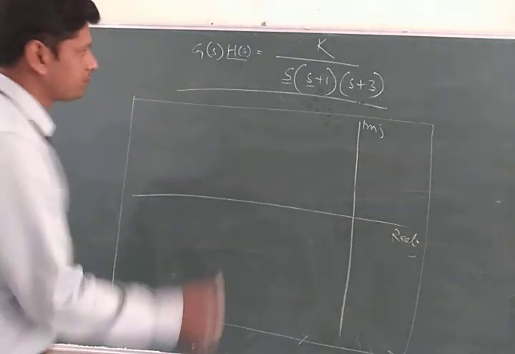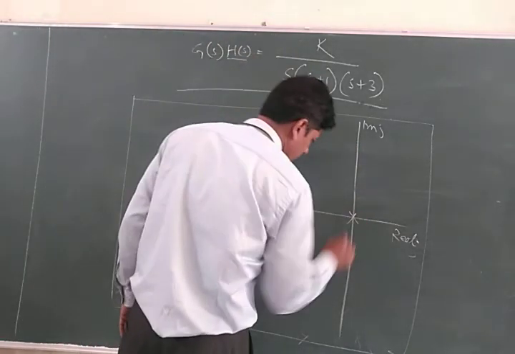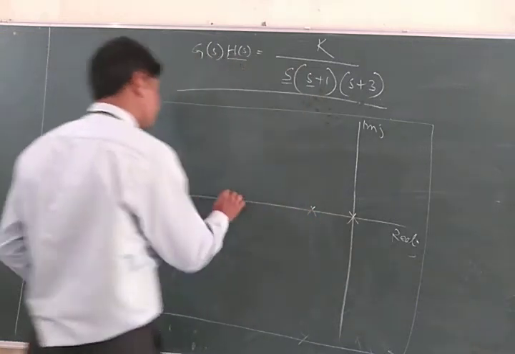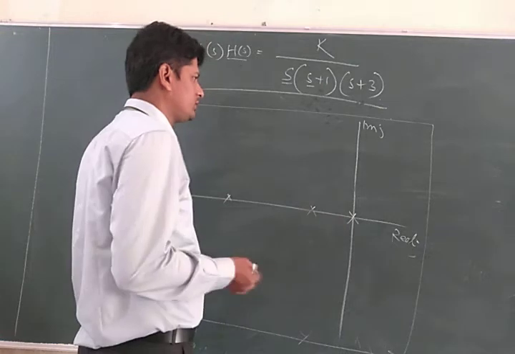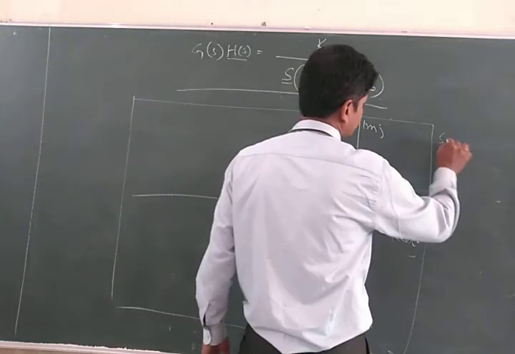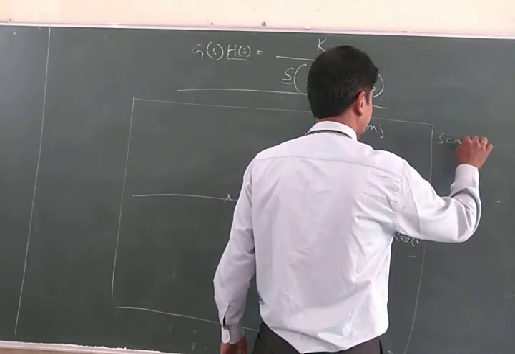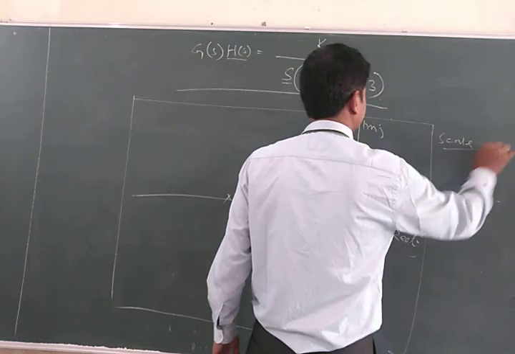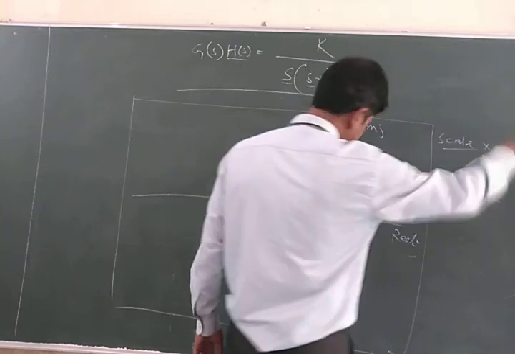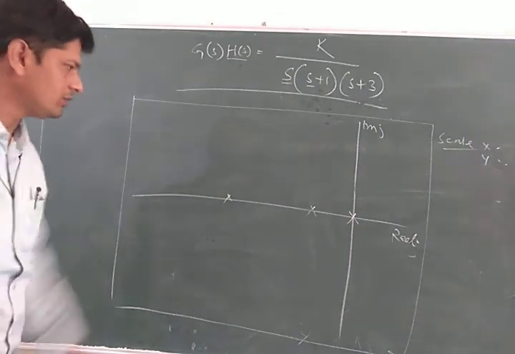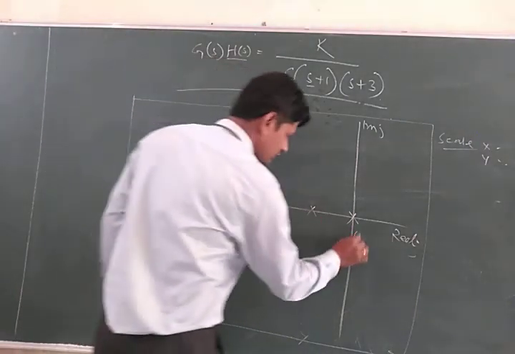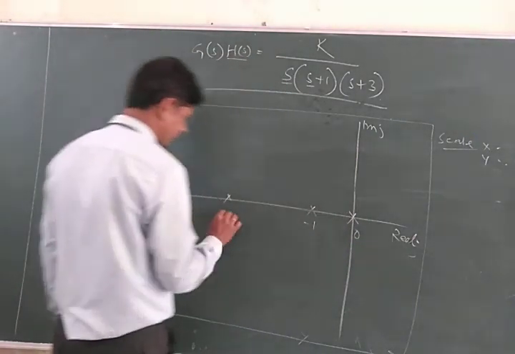Then put in the pole and zero markings. As per the standard procedure, scales should be specified for the x-axis and y-axis, but since I am drawing roughly on the blackboard, just mark 0 here. As per your scale, you mark here minus 1, minus 3.